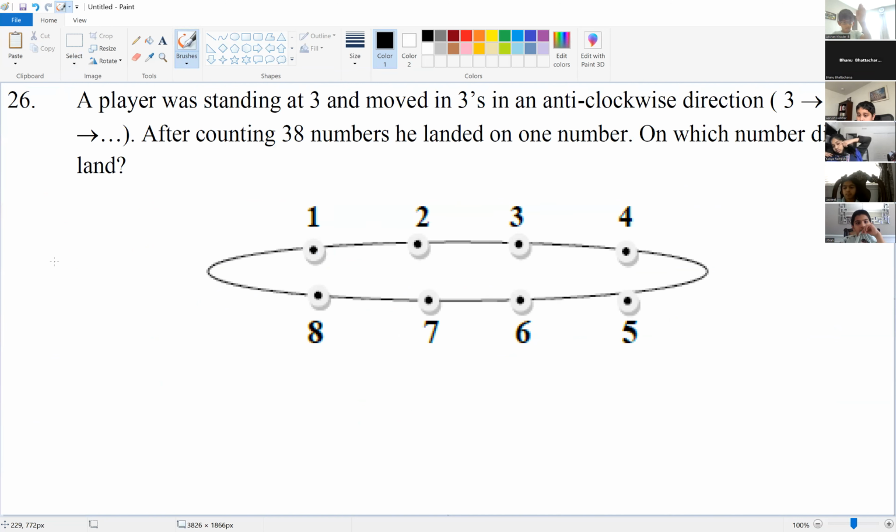I added them up to create 45 and subtracted 7. Okay, so 45 minus 7 is 38. All right, 26.